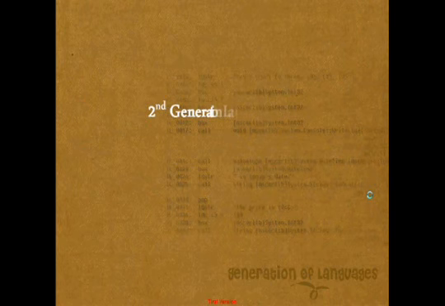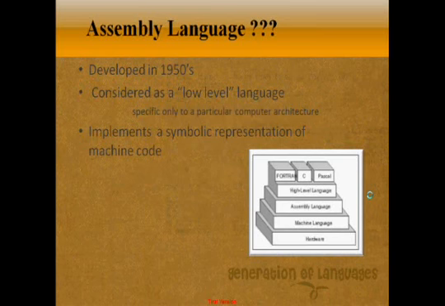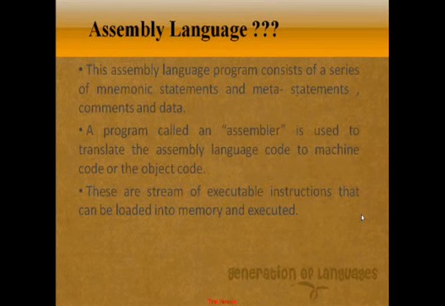Now we'll move to second generation language, or the assembly language. Assembly languages were developed in the 1950s as a low-level language which implements a symbolic representation of machine code. This consists of a series of mnemonic statements and meta-statements.